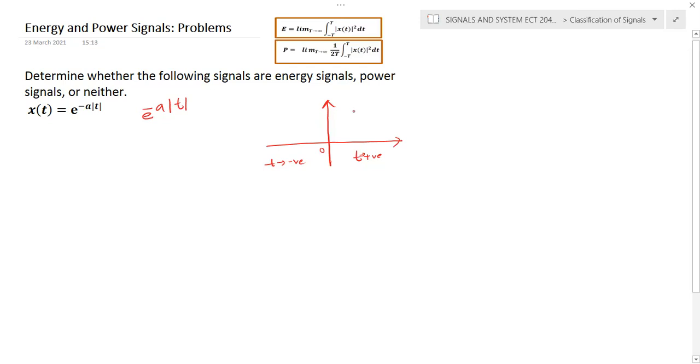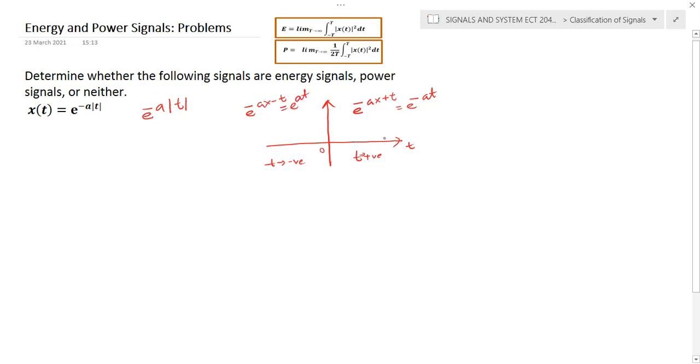So you need to write like this: when t is positive, you need to write the function like this. When it is e raised to minus a and t should be positive, you need to write plus t. And it becomes e raised to minus at simply when t is positive. And when t is negative, you need to write e raised to minus a into t becomes negative, so you'll get e raised to at.